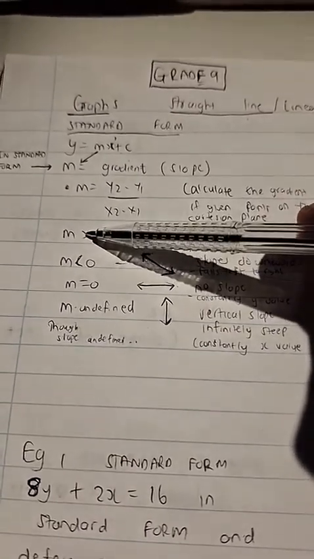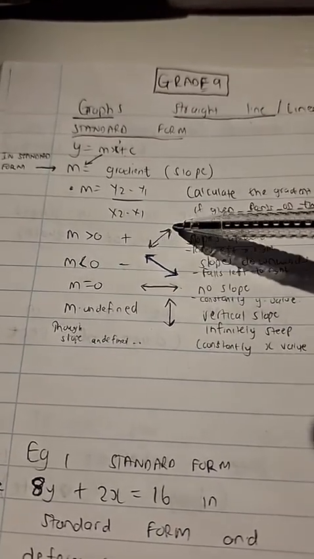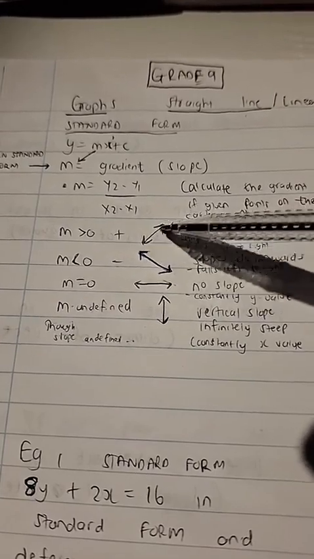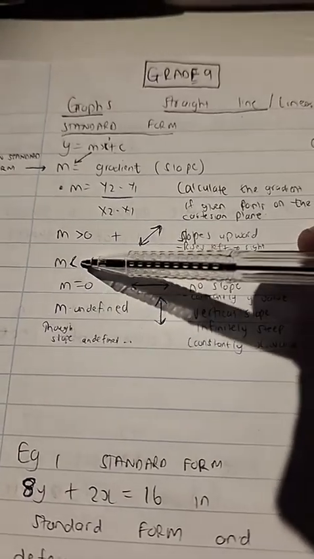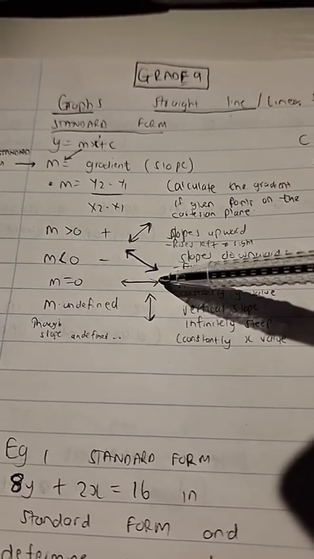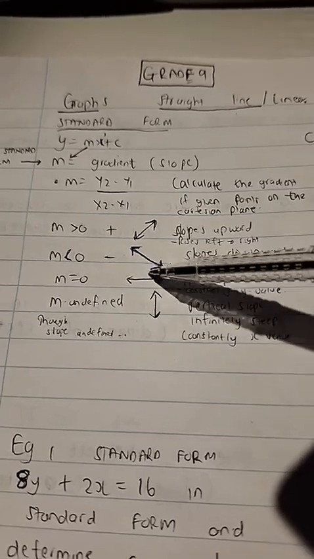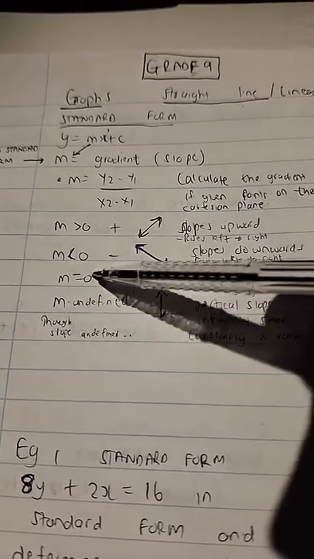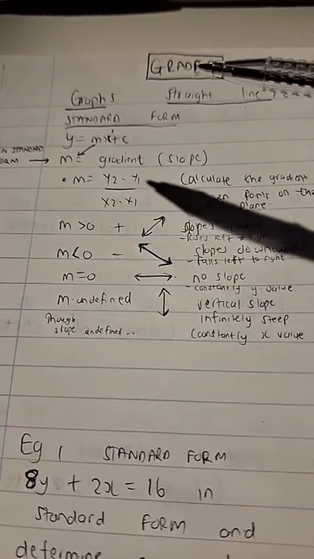Furthermore, if we find that the gradient is positive, our straight line, when drawn on the Cartesian plane, will be a straight line that is sloping upwards. If the gradient is less than 0, meaning it's negative, it will be a straight line sloping downwards. If the gradient is equal to 0, we have a horizontal line. If the gradient is undefined, we have a vertical line.